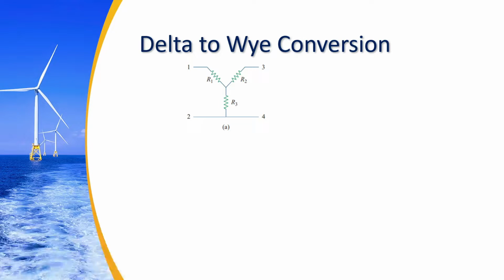So, sa delta to Y conversion, ganito yung magiging itsura ng circuit natin. Okay, sa figure A, itsurang Y siya, kaya siya tinawag na Y. And sa figure B, itsurang T siya, kaya siya tinawag na T network.